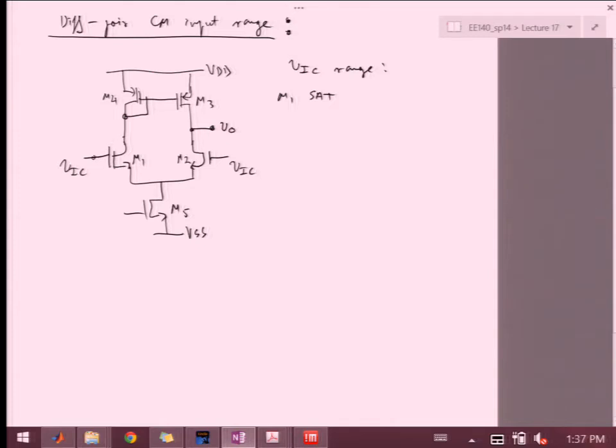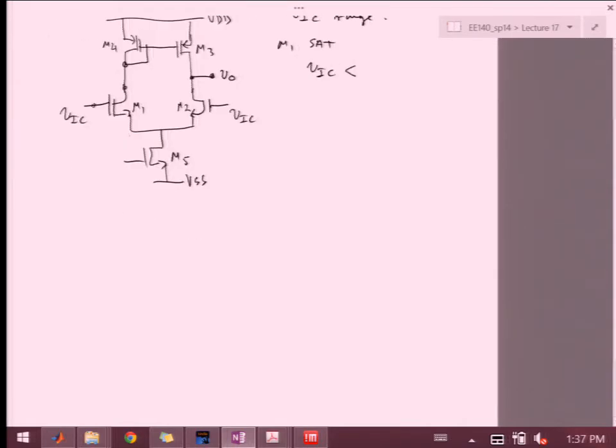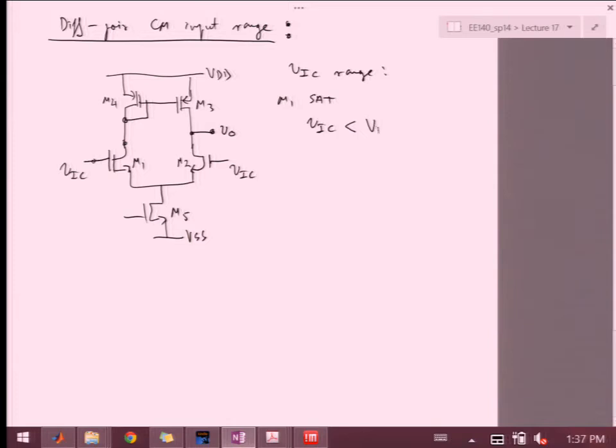Okay, so we'll say that VIC has to be less than some value, and that's this voltage over here plus V threshold. So what is this voltage over here? That's VDD minus VTH4 minus V overdrive 4, and then plus V threshold 1.